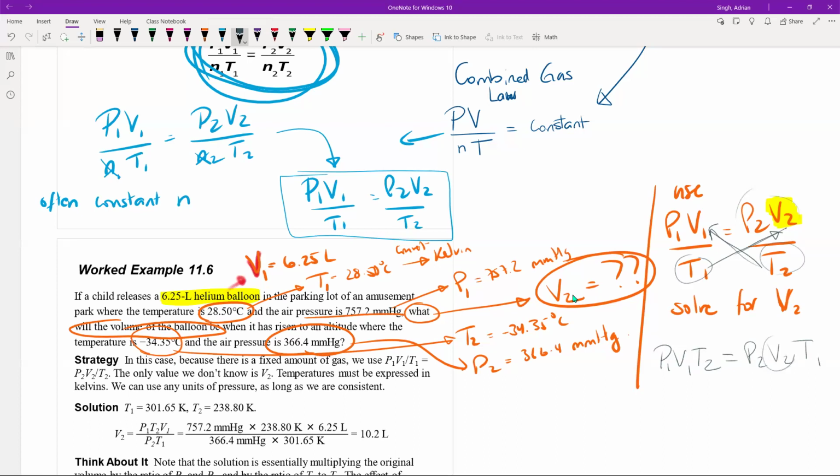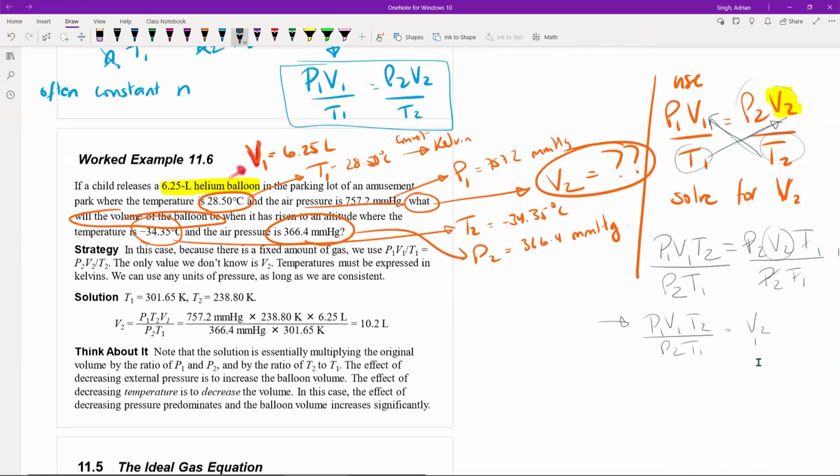This is my unknown. I can divide the right side by P2 times T1. So these cancel away. Whatever I do to the right side, I need to do to the left side as well. I need to divide the left side by P2 and T1. So what I end up with is P1 V1 T2 divided by P2 times T1 is equal to V2. So I've isolated V2 on one side.